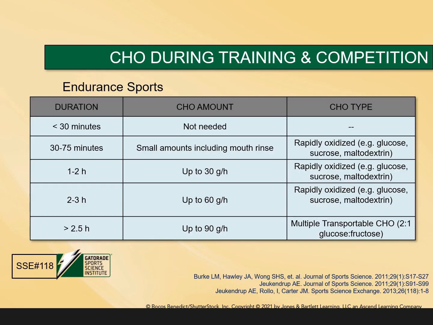During exercise, there is a maximal amount of absorption in the GI tract, and it's 1 to 1.1 grams per minute. So overdosing or overconsumption is actually going to slow down or interfere with absorption.